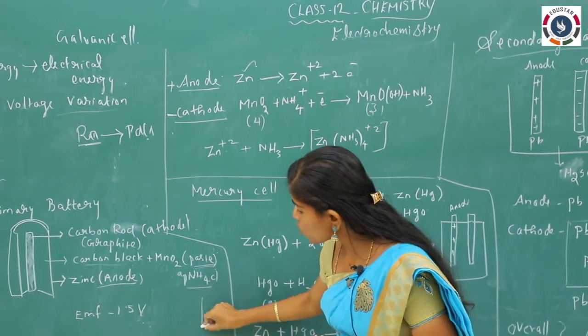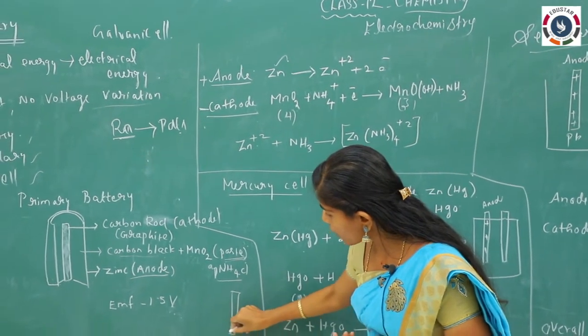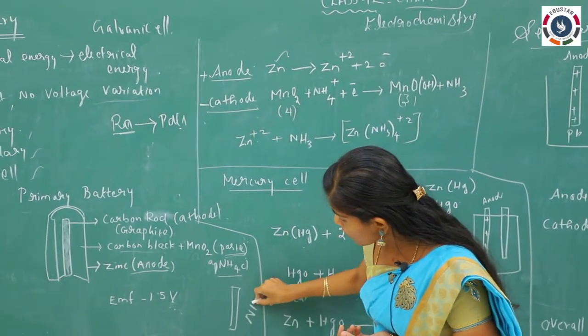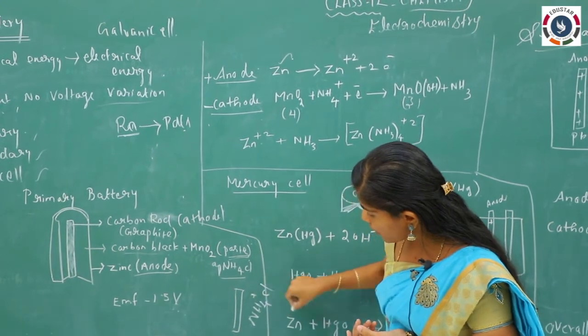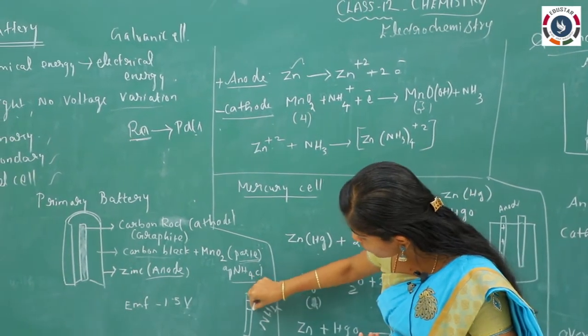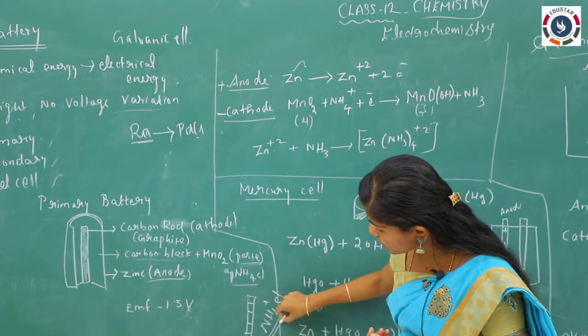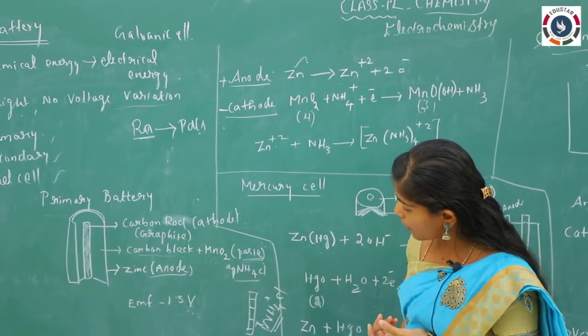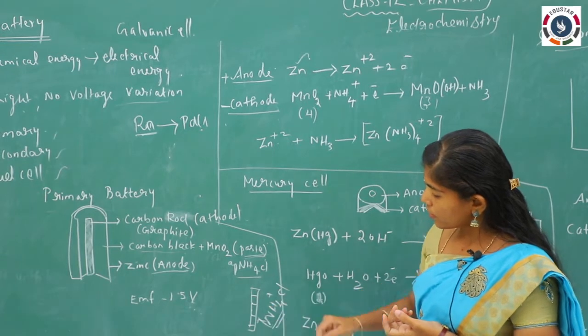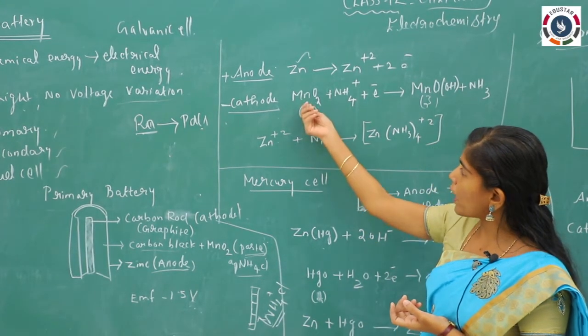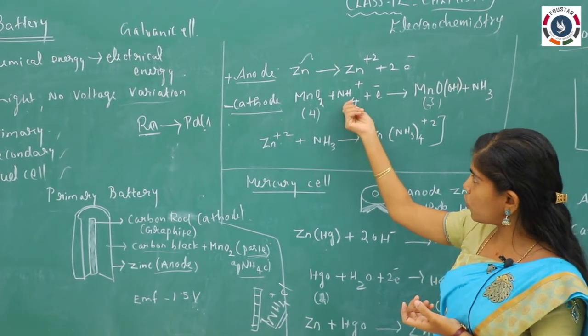So, near to this negative electrode, the positive ions present in the electrolyte from the ammonium chloride get nearer to it. So, MnO2 plus NH4 plus.